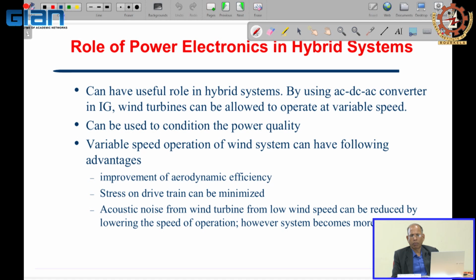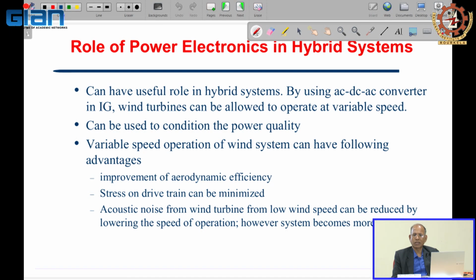So, role of power electronics in hybrid power system when we are talking about this PV integration as well. The power electronics role, as I mentioned yesterday as well, is extremely important, using AC DC AC converter for induction generator.